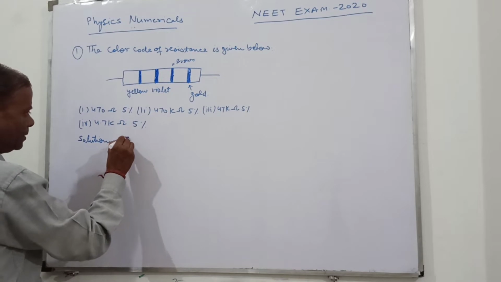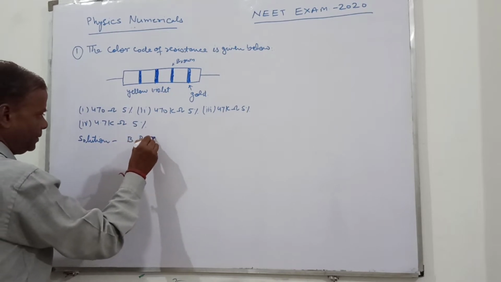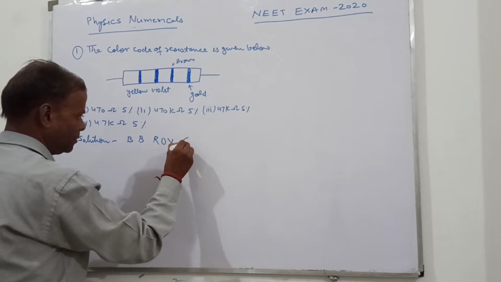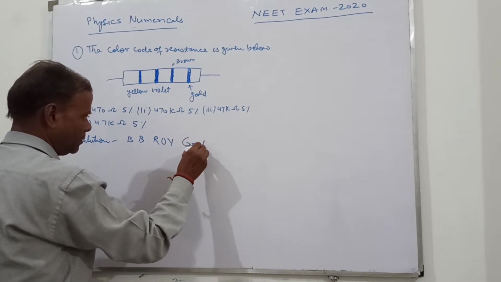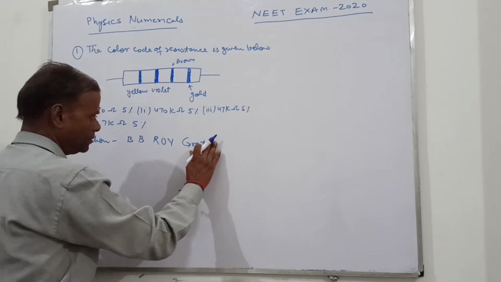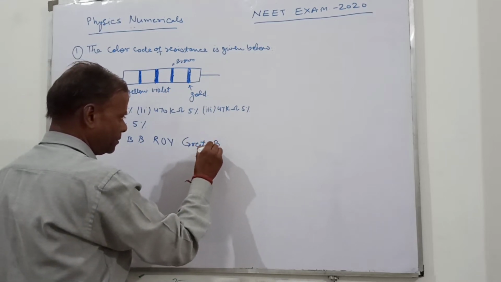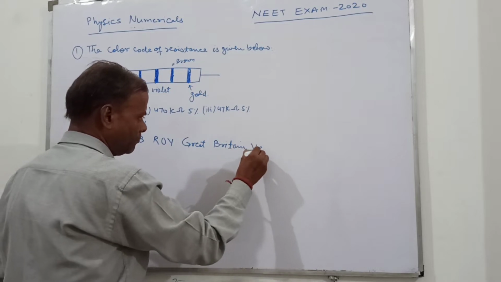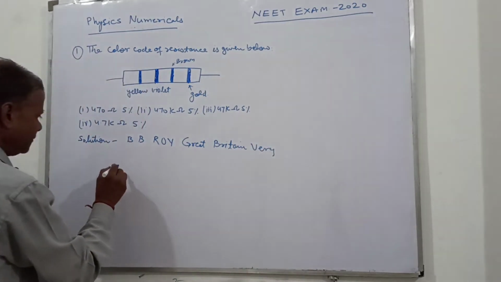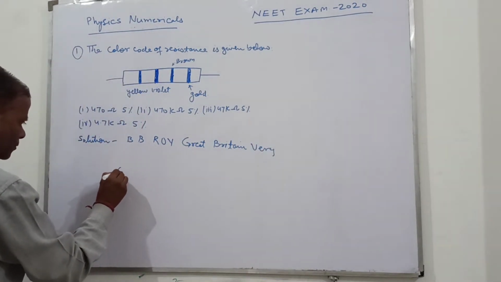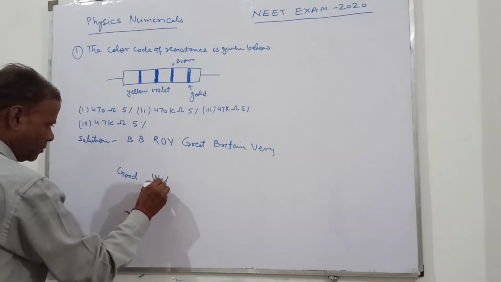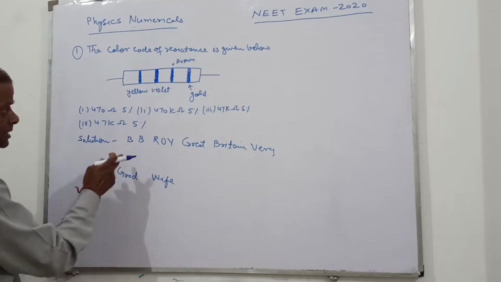Solution: B, B, Roy, of Great Britain, has a Very Good Wife. These are the names.